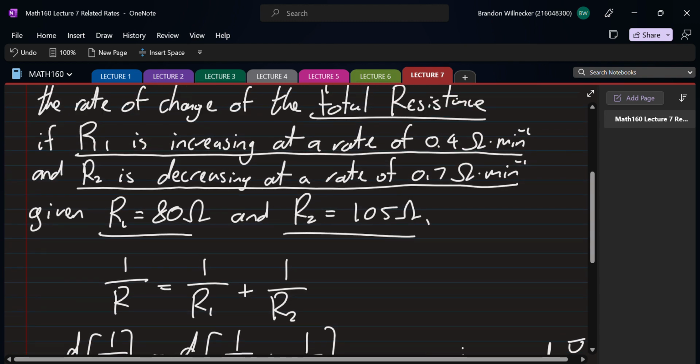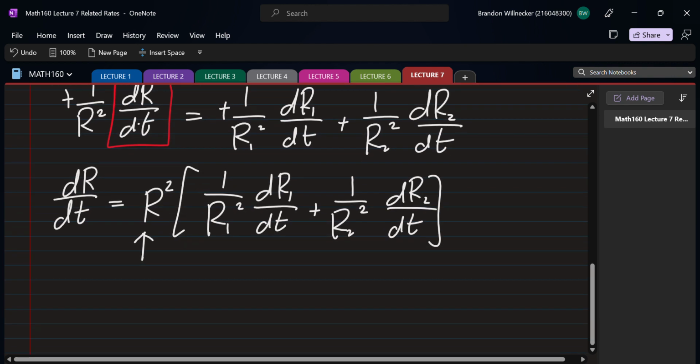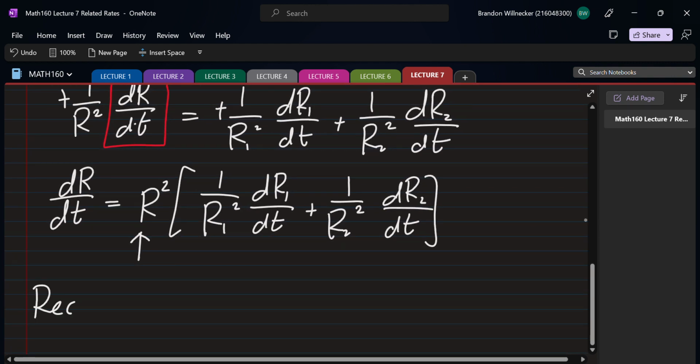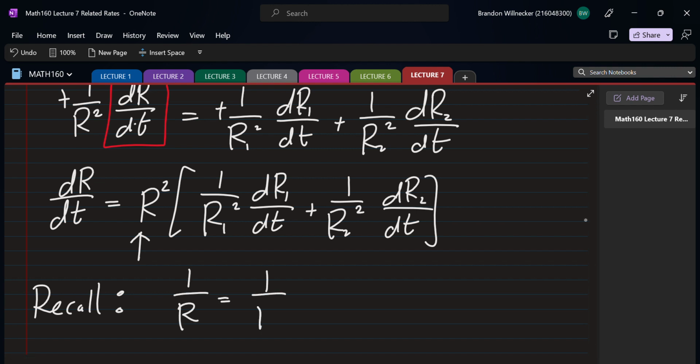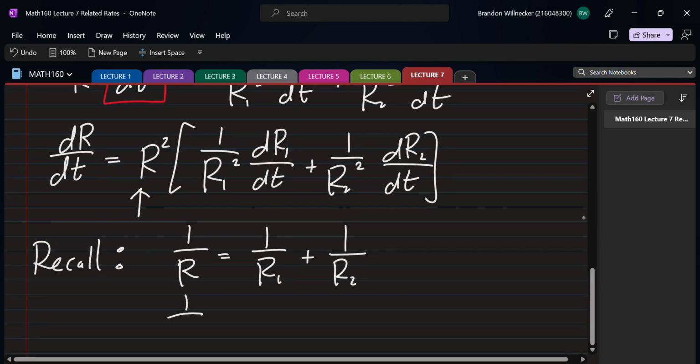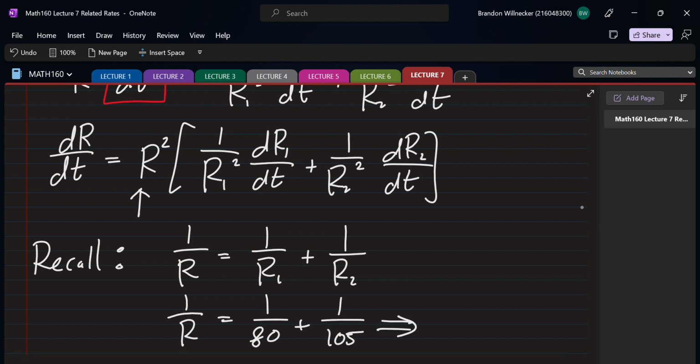But we know the individual resistances, so we can calculate the total resistance. Recall, 1 over R is equal to 1 over R1 plus 1 over R2, so 1 over R is equal to 1 over 80 plus 1 over 105. We do a bit of rearranging, and we end up with R is equal to 45.4 ohms.